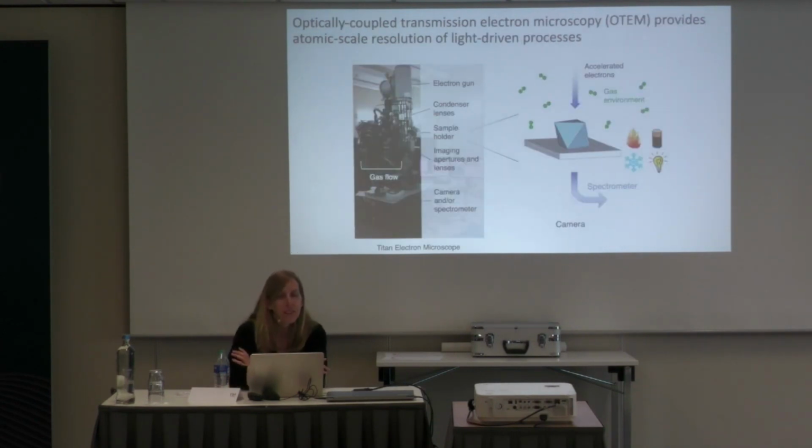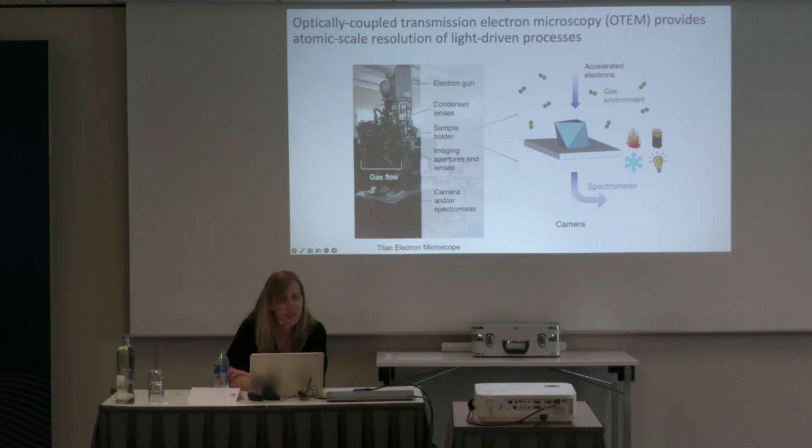So for the smaller length scales, we use transmission electron microscopy. When I first joined Stanford, I was lucky enough to join right when the Titan transmission electron microscope was being installed. You can see an image here. Basically, you have your electron gun, and the system is differentially pumped, which means that the gun is under vacuum, and as you get closer and closer to your sample holder, you start approaching atmospheric conditions.